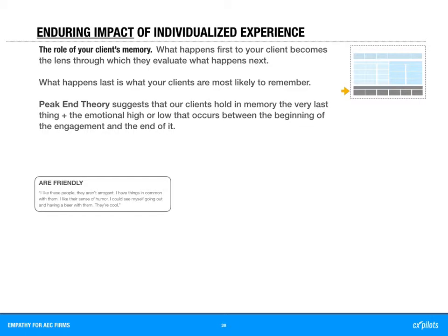Unfortunately, we've seen it happen a lot. It's not the end of the world. It's something that you have to acknowledge. It is totally recoverable. But what's important is what happens last. The last thing that happens in client relationships is most likely to be the thing that they remember.